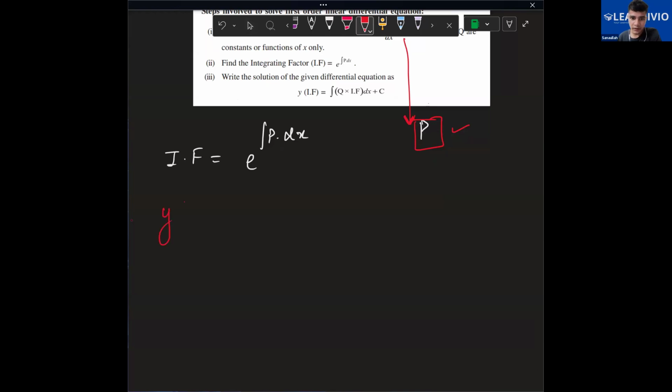So y into the integrating factor equals the integration of q into the integrating factor dx plus c. This is the solution of your given differential equation. Is it clear till now?